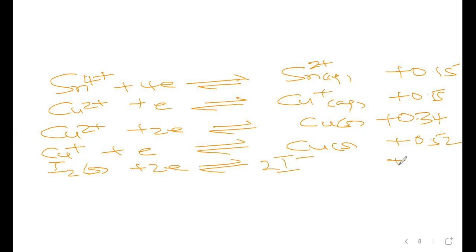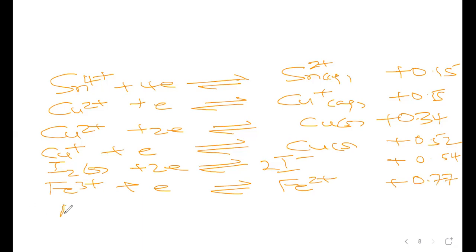That one is positive 0.54. The more positive electrode potentials become, that means they are decreasing. Iron 3 ion to give us iron 2, the electrode potential there is positive 0.77.